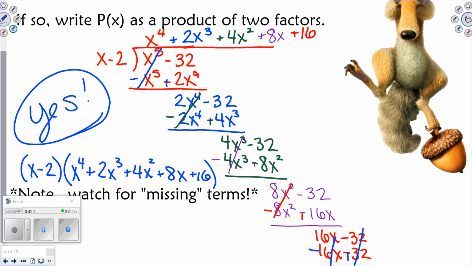Now, I want you guys to look a little into the future here. If I had just given you x to the fifth minus 32 and said factor that and solve. If we have two terms, what are the only things we deal with? It's either difference of squares or sum and difference of cubes. Do I have anything for the fifth?